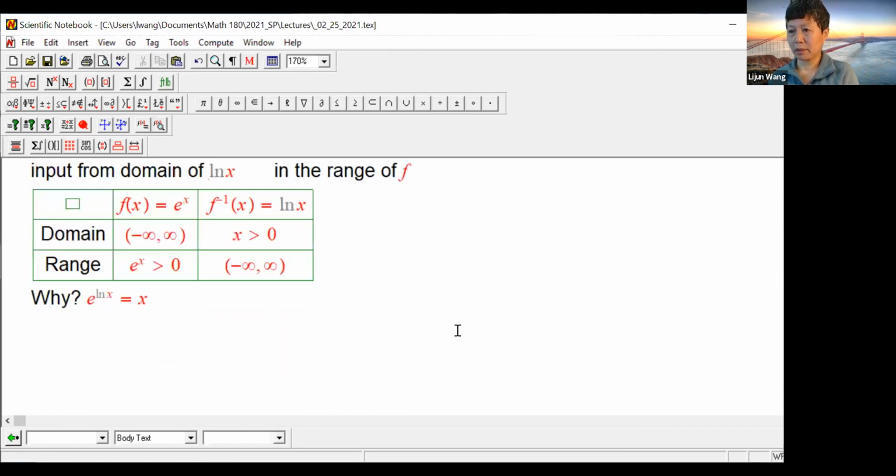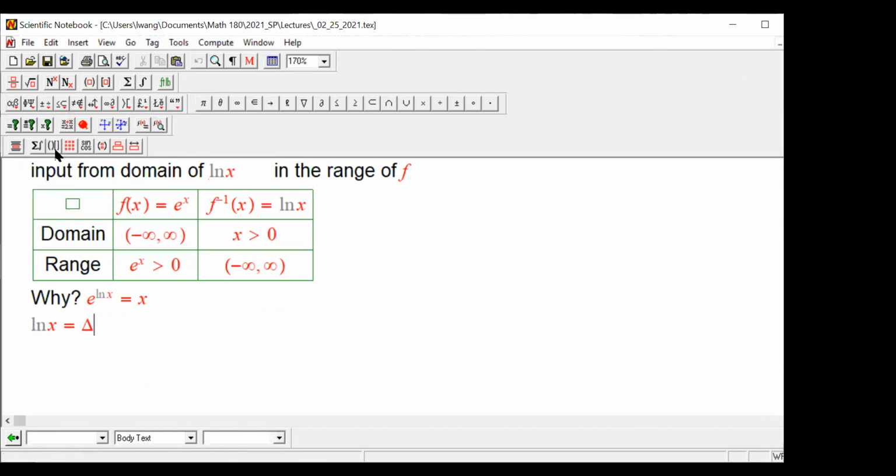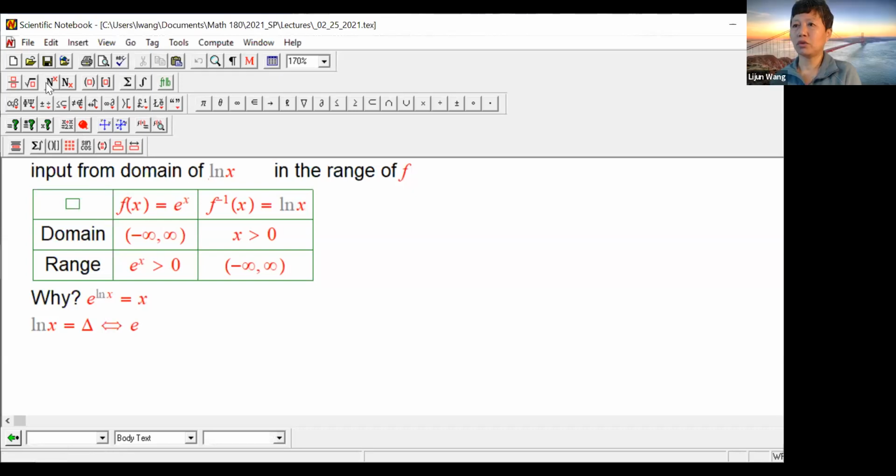We know that ln x, if it equals a triangle, then by definition, e raised to the triangle equals what? x, right?